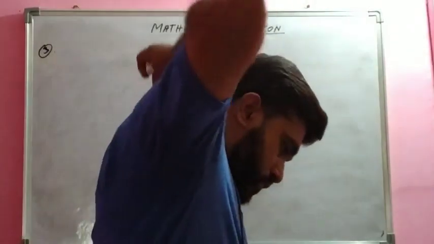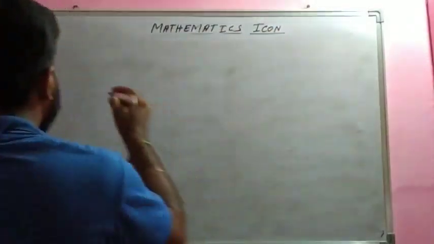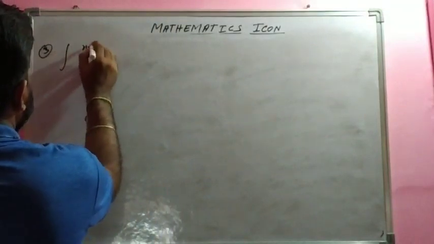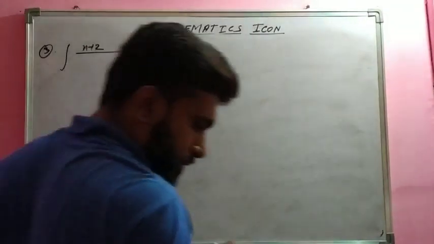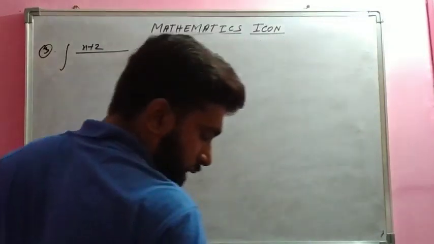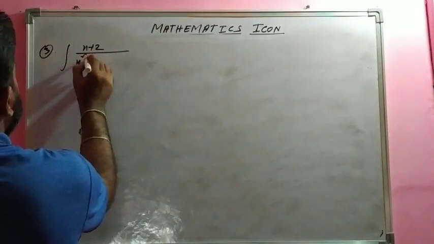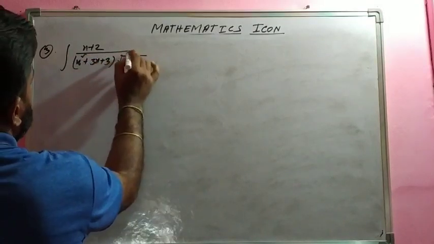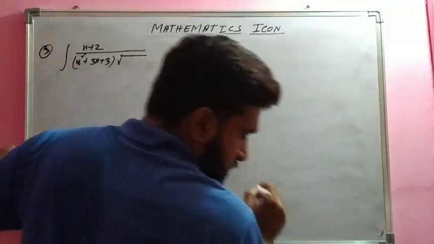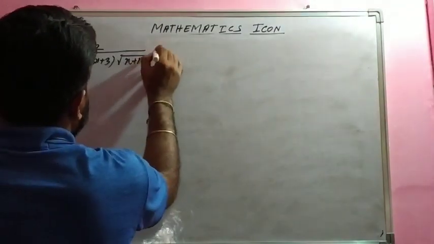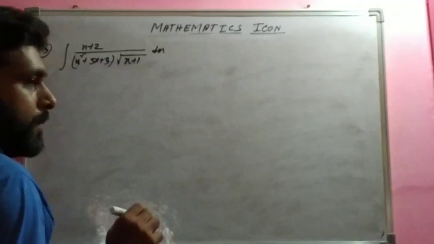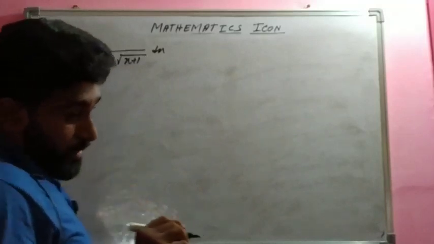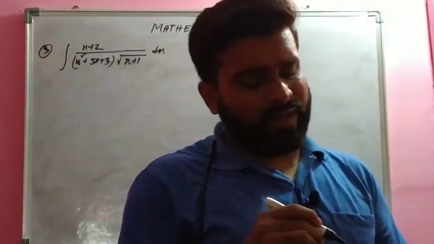Integration of (x plus 2) by ((x square plus 3x plus 3) root x plus 1) dx. Okay, so here you have the structure.